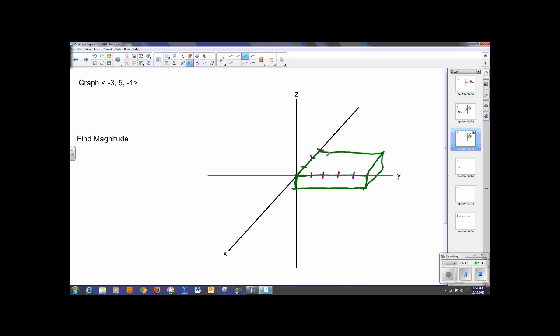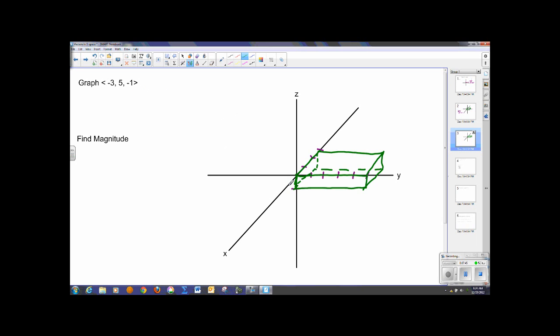What I'll do now is create the back of it. So I'm going to go down approximately 1 here and move over. So that's the back of that box. To finish it off, I'm going to do this side over here, create its parallelogram. All right, and you'll see that I've got everything I need now.